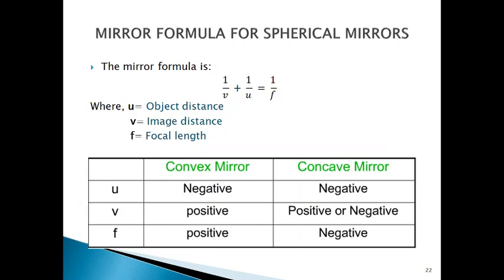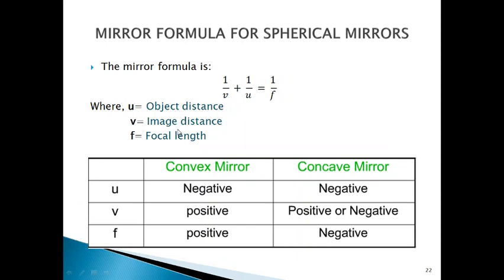Let's talk about the mirror formula. As you can see here, mirror formula is 1 upon v plus 1 upon u is equal to 1 upon f. What is u here? u is the object distance, means the distance of object from its pole is called object distance, and v is image distance.